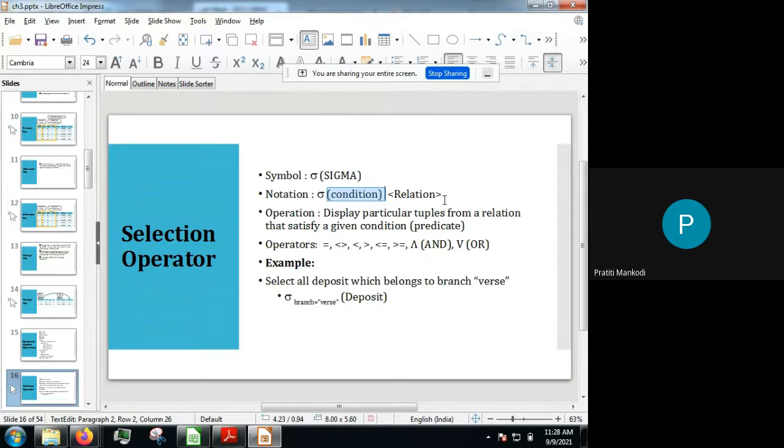So sigma retrieves me the tuple based on the condition from this relation. If I have the student table with student ID, name and branch, I need all the records of the student who is studying in computer engineering branch. So sigma branch is equal to computer engineering and relation is student. Am I clear? We will see that.